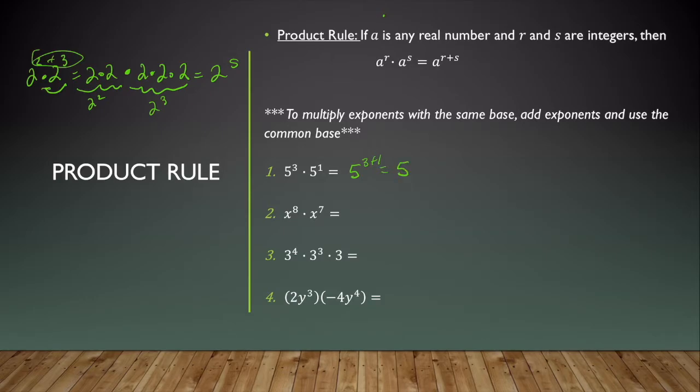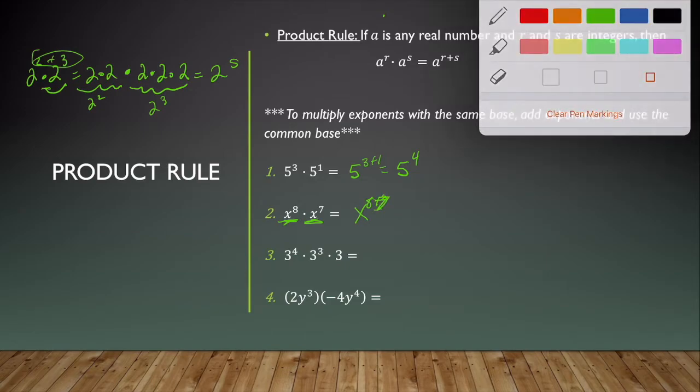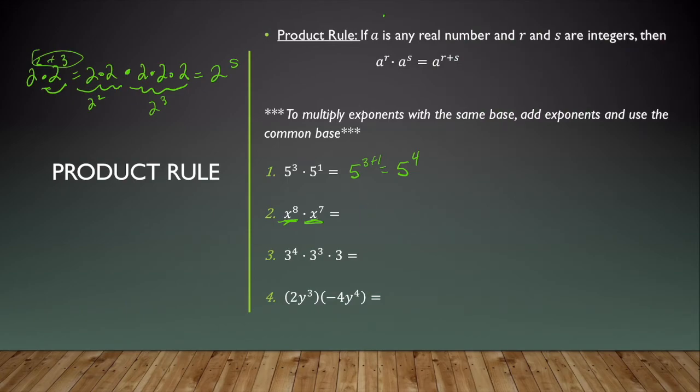5 to the fourth. If I have x to the 8th times x to the 7th, that's x to the 8 plus 7, which would give me x to the 15th. If I have 3 to the 4th times 3 cubed times 3, remember that any number all by itself is the same as raising it to the power of 1.